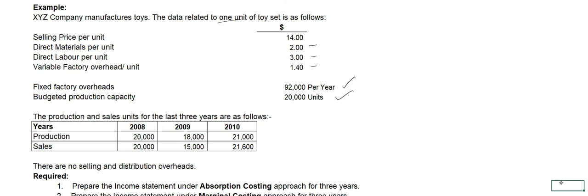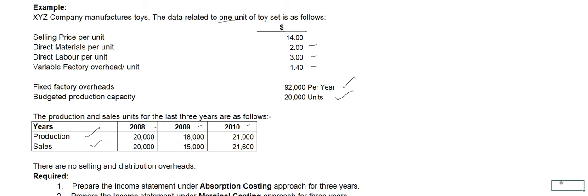The production and sales units for the last 3 years are as follows. You are given 3 years, 2008, 2009 and 2010. So 3 years of production and sales quantities are given.